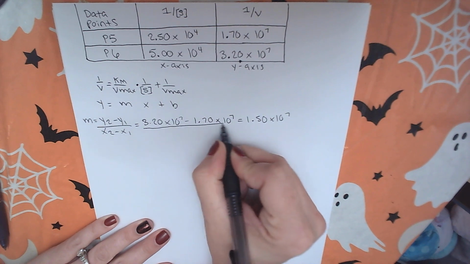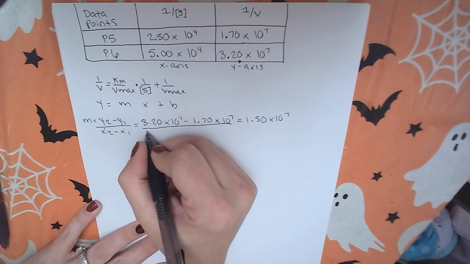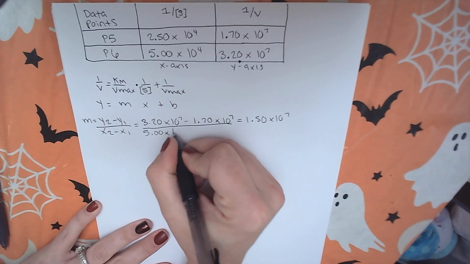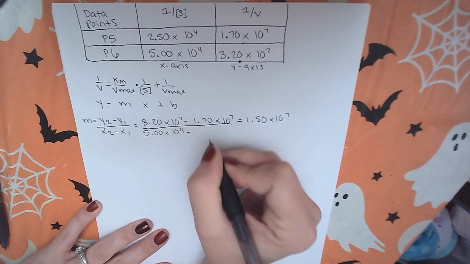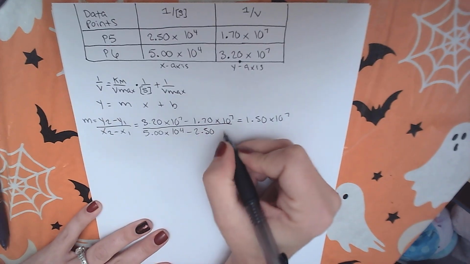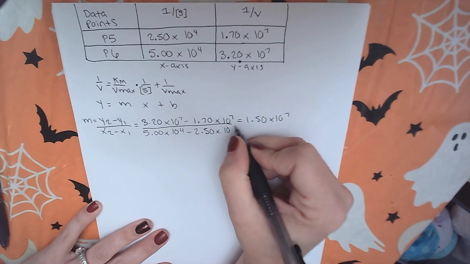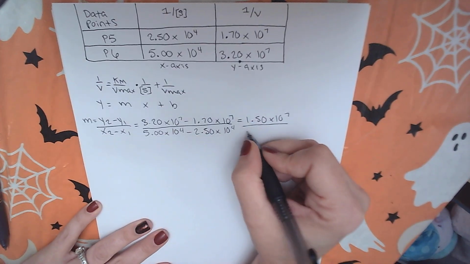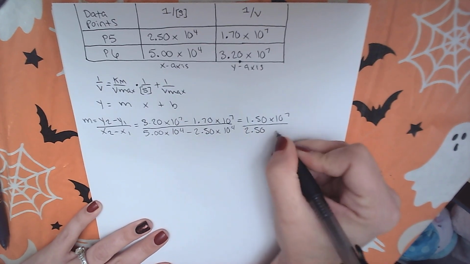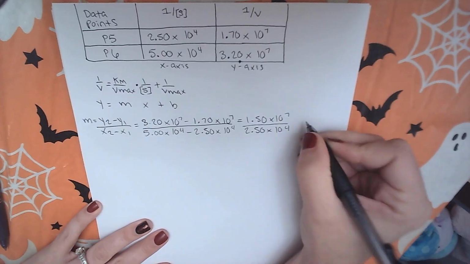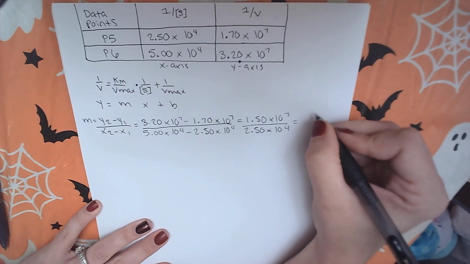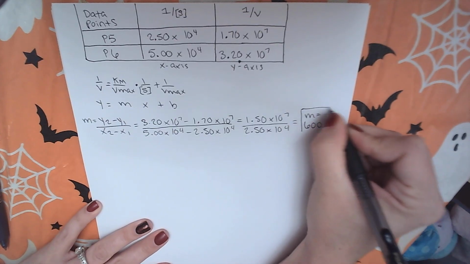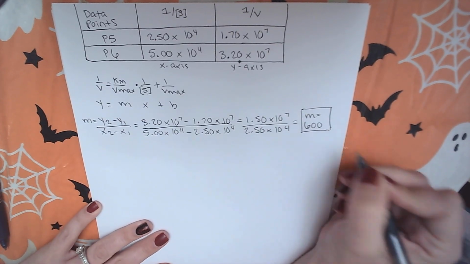All of this is going to be over x2 minus x1, so it's 5.00 times 10 to the 4 minus 2.50 times 10 to the 4. Right, so that puts this over 2.50 times 10 to the 4, which will give you an m of 600. Okay, gonna hold on to that.